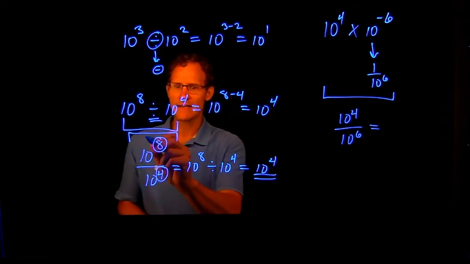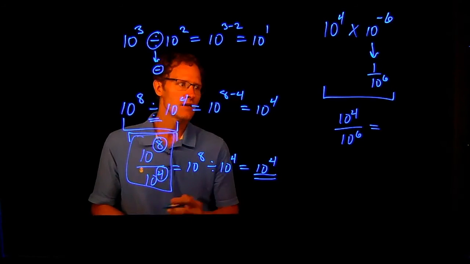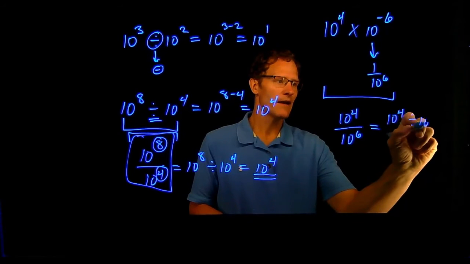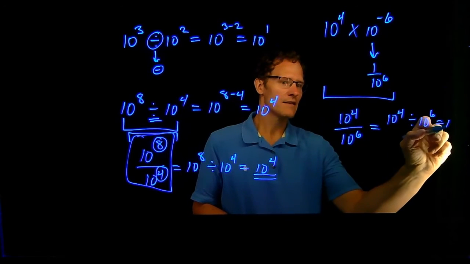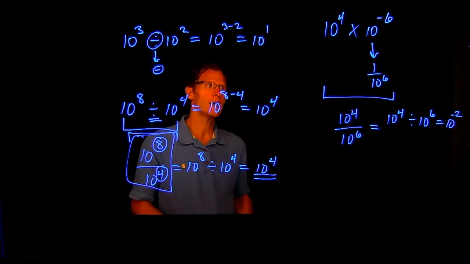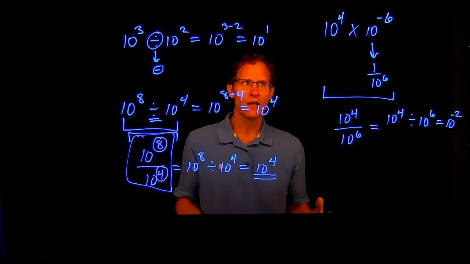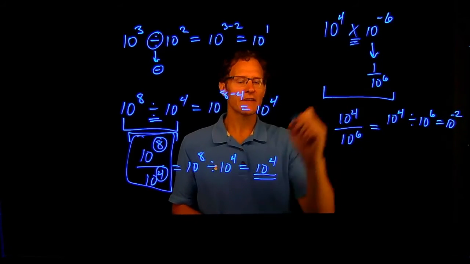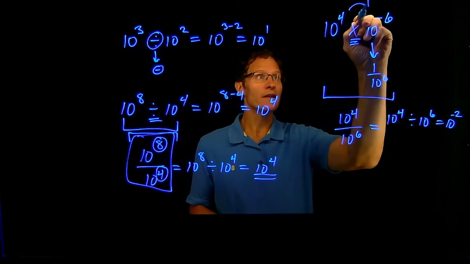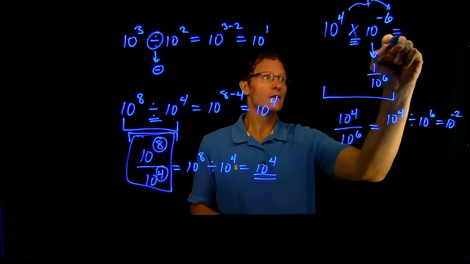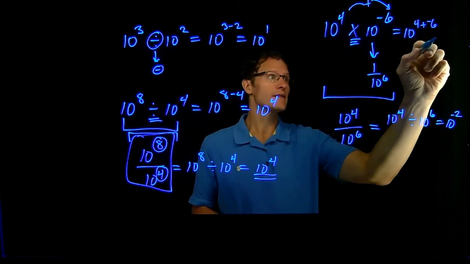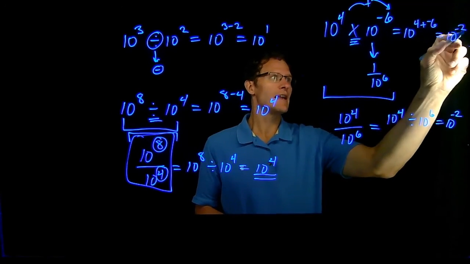And now we recognize it as looking something like this, so we can work with it. 10 to the 4th divided by 10 to the 6th equals 10 to the negative 2. Another way of thinking about it is that this is still a multiplication, so we're going to add together our exponents. So this is equal to 10 to the fourth plus negative 6, or 10 to the negative second.